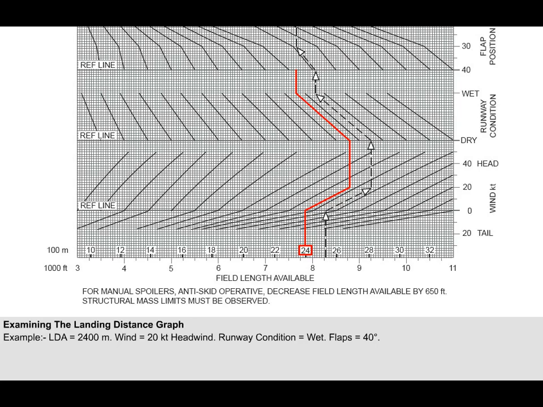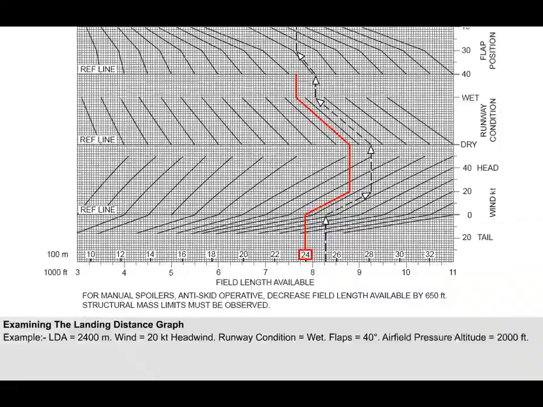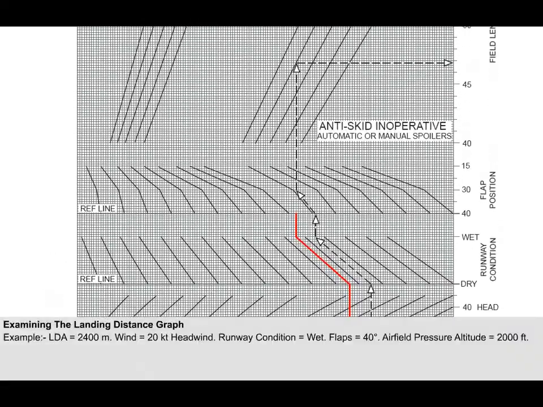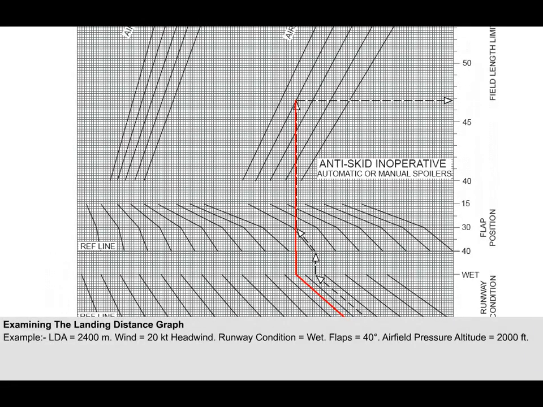Then move up vertically to the next reference line, which is for the flap position. For flap settings of either 30 degrees or 15 degrees, move up and left along the guideline. But for 40 degrees flap, which is what we will assume, move straight up through the flap section until you reach the pressure altitude of the airfield, which in our example is 2,000 feet.